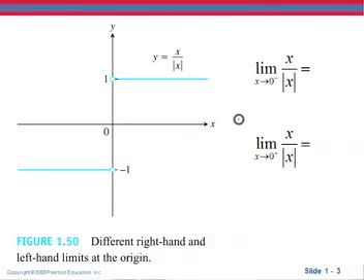So the limit as x approaches 0 from the left of x divided by the absolute value of x is -1. As we approach from the right, the limit as x approaches 0 from the right of x divided by the absolute value of x would be 1, because all of those y values are 1. So you'll notice that these limits are not the same.